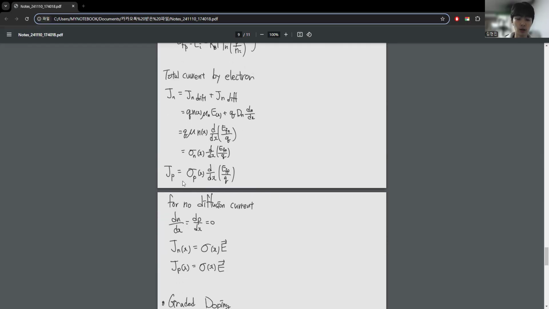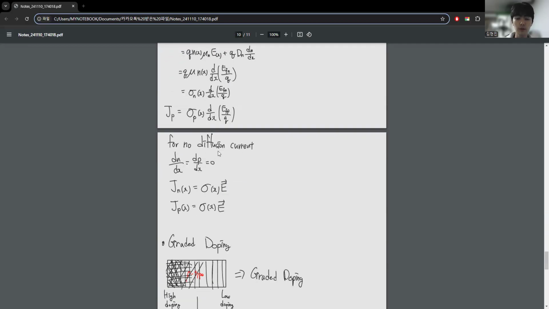So Jn is sigma n times d over dx of EFn over q, or Jp equals sigma p times d over dx of EFp over q.